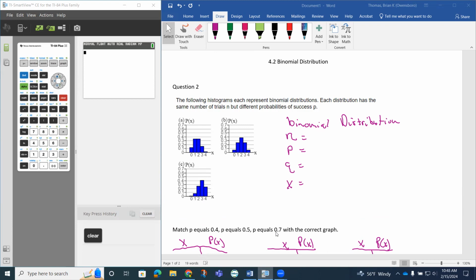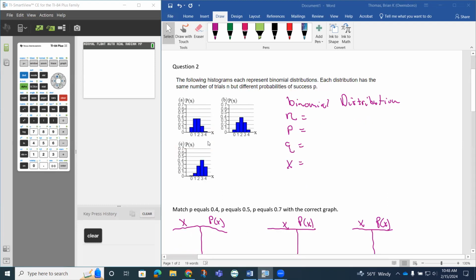What we want to do is figure out what the probability distribution is that goes with each one of these histograms. Remember, a binomial distribution is going to have a table, so it's going to mirror the probability distribution table as well.